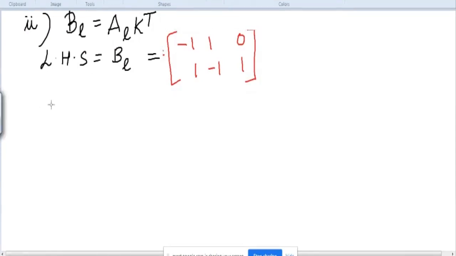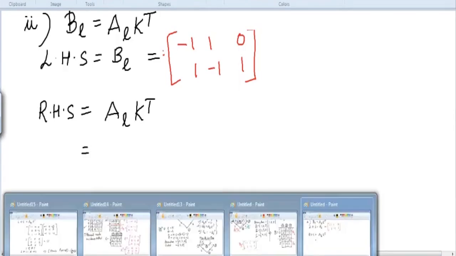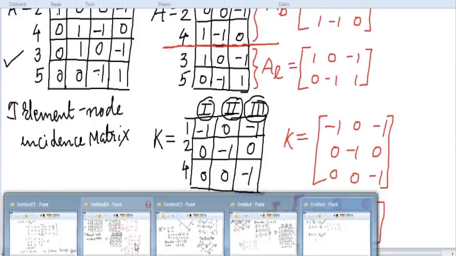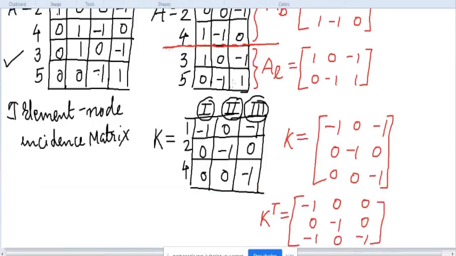Now let us find the RHS. So what is RHS? RHS is AL into K transpose. So let me write here RHS. RHS is equal to AL into K transpose. So let us substitute the value of AL as well as K transpose. So we have already calculated AL and K transpose. So let me substitute from here.